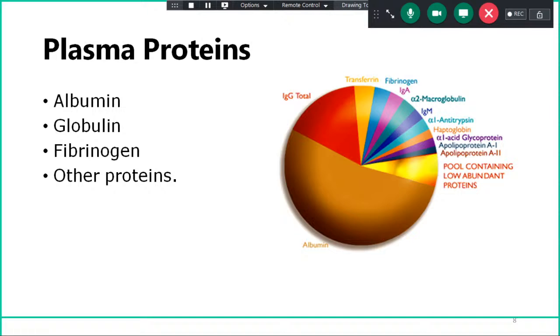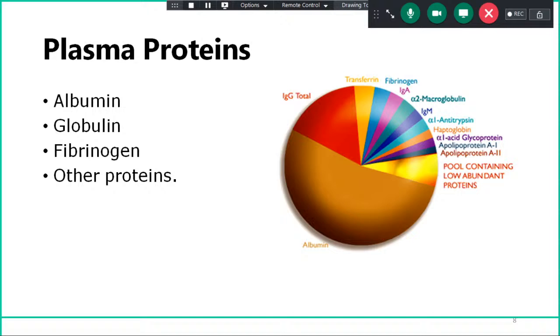And like I already told you, mainly the plasma proteins are synthesized by the liver and then secreted into the plasma, except for immunoglobulin that is synthesized in the plasma cell, and a few hormones that are synthesized by their respective endocrine glands. Now these fractions of plasma protein are separated by various methods.